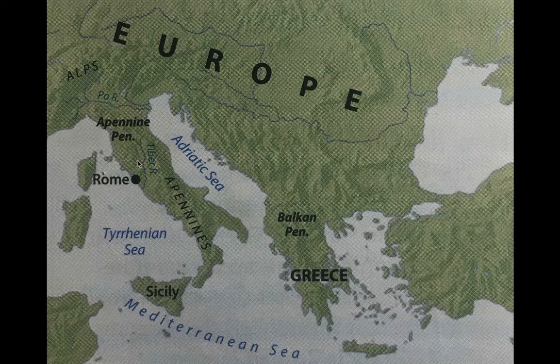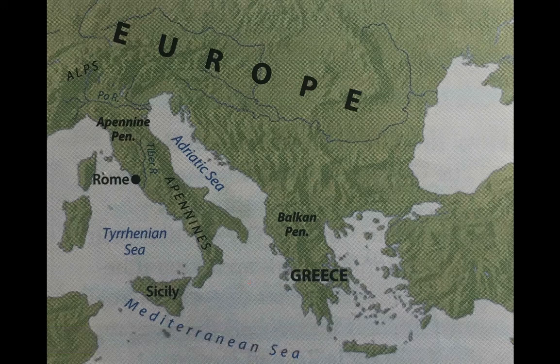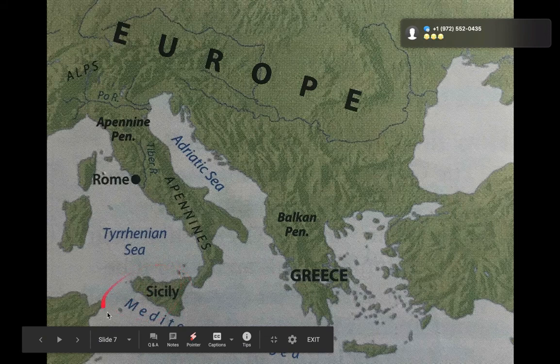I've already told you that it's located west of Greece and it extends out into the Mediterranean Sea, surrounded by the Adriatic and the Tyrrhenian Seas. It looks like a boot. It's very easy to find on a map of Europe. And of course, I mentioned the island of Sicily here.